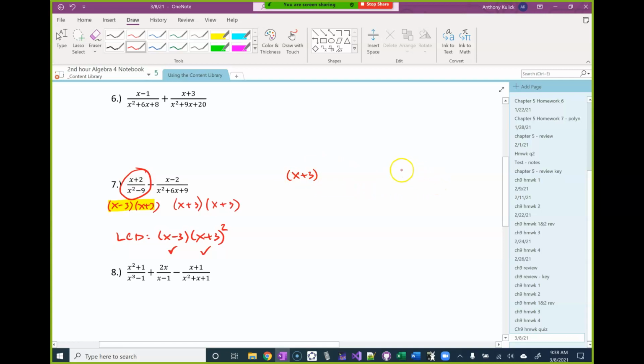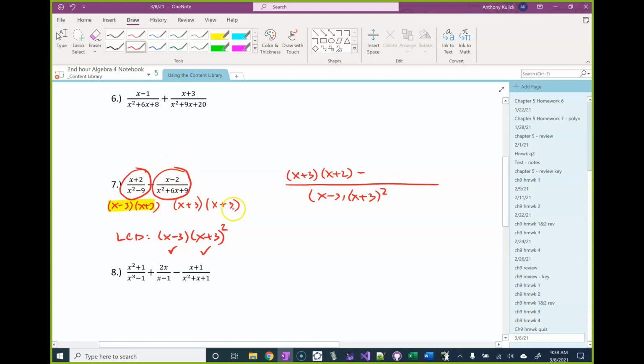For the second fraction, I have both of these, but I don't have the x minus 3, right? See that, Landon? Okay. So I'll multiply the top and bottom of that fraction by x minus 3. So far, so good? Okay.